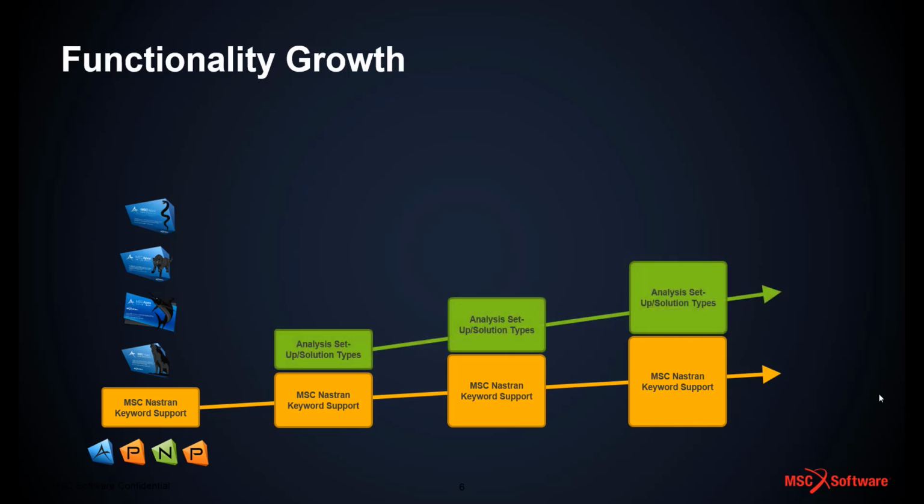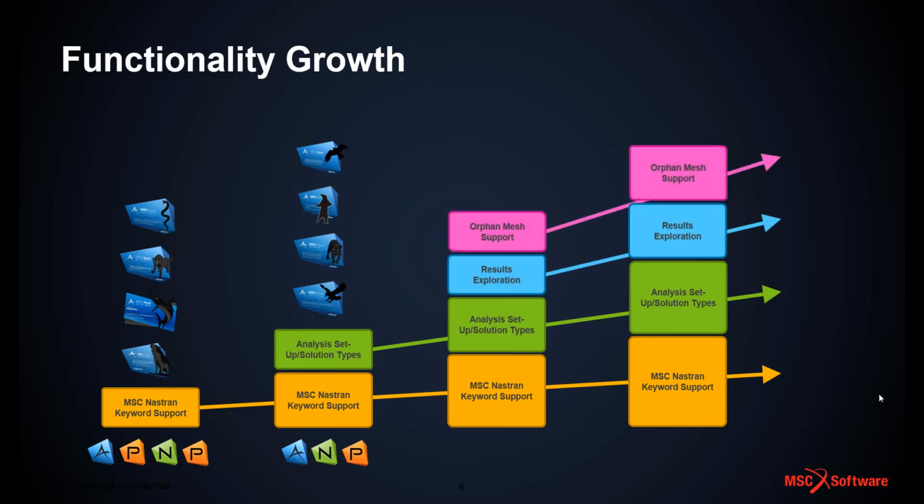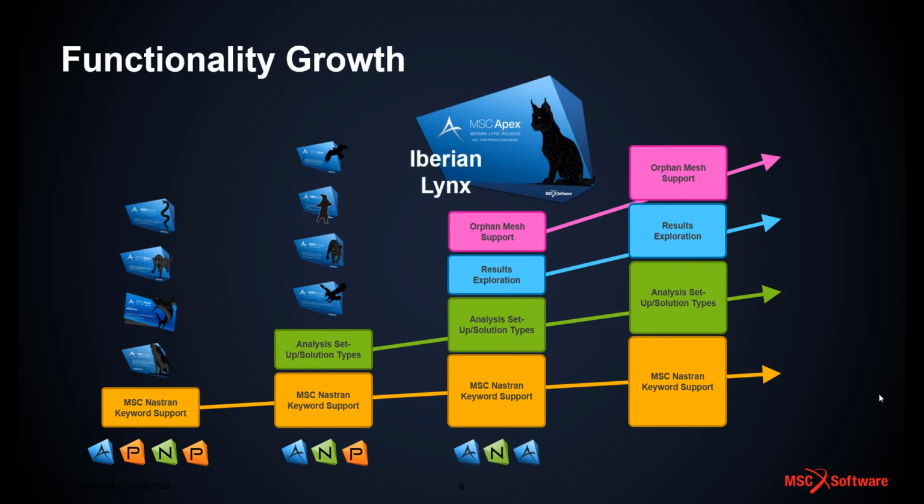And then as Apex has developed, we're looking now at the Apex companion mode, where we've got more keywords supported and more analysis capability, whether that's linear static, normal modes, linear buckling or frequency response, we can do that within the Apex environment. And then as Apex has developed into the full pre and post setup, we can now use Apex to fully build the model, Nastran to solve externally, and then Apex to fully post-process the data.